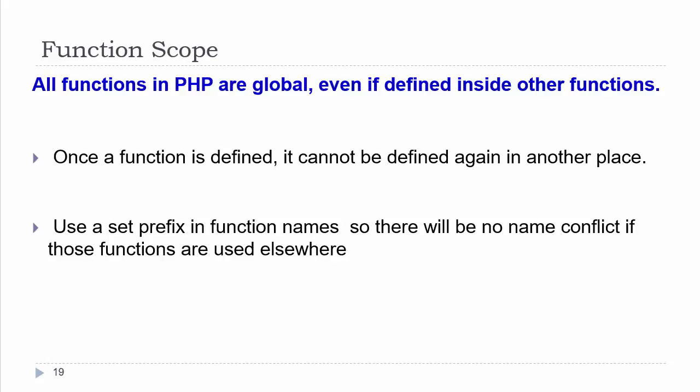You will see developers using a set prefix in function names to avoid name conflicts, if those functions might be used elsewhere. So if you were essentially creating a group of functions that were pertinent to a certain application, such as a shopping cart, you might prefix them all with the same prefix.